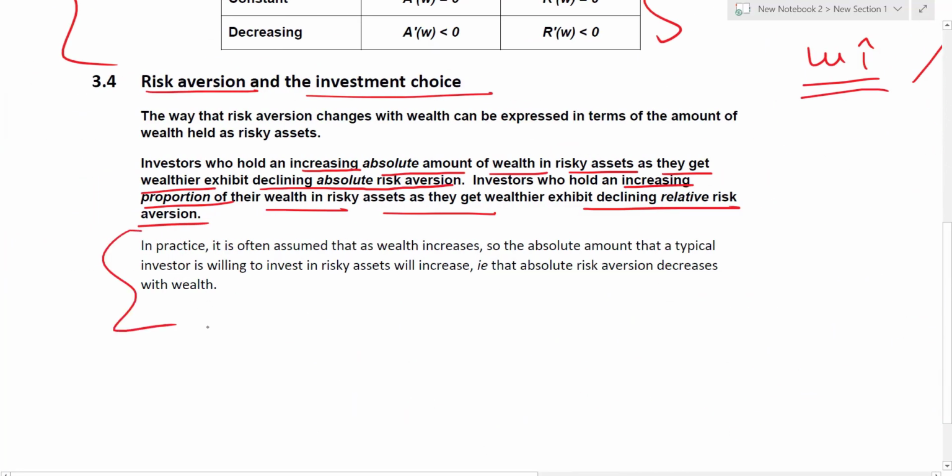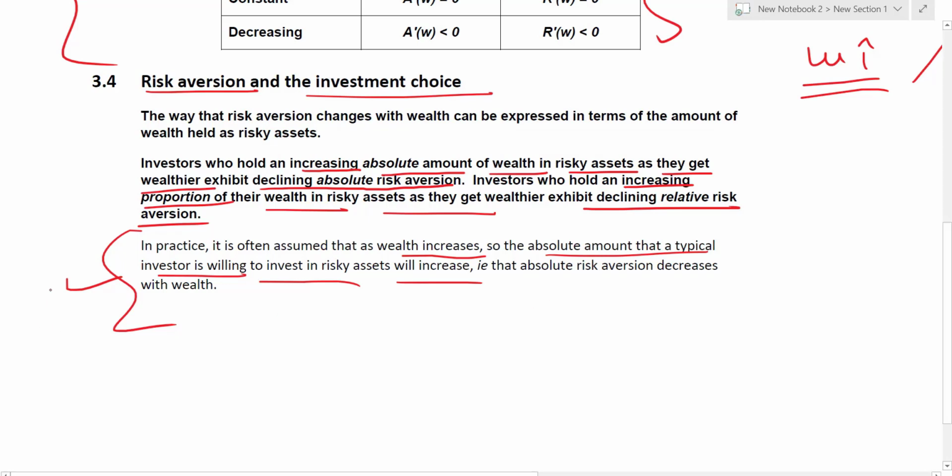Now, what happens in reality? What do we observe in reality? In practice, it is often assumed that as wealth increases, the absolute amount a typical investor is willing to invest in risky assets will increase. So as people get richer, they are more likely to invest a larger amount of money in risky assets.